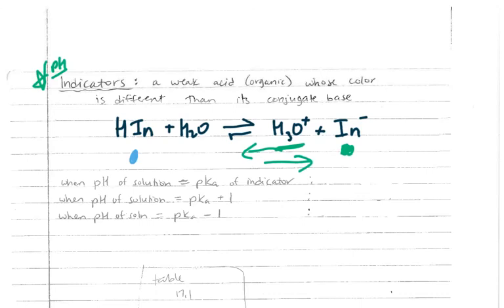So when the pH of a solution is equal to the pKa of the indicator, you sometimes get an intermediate color. But when the pH of the solution is greater than 1 of the pKa of that indicator, then you get the color on this side, and in the other situation, you get the color of this. So there's a bunch of different indicators.